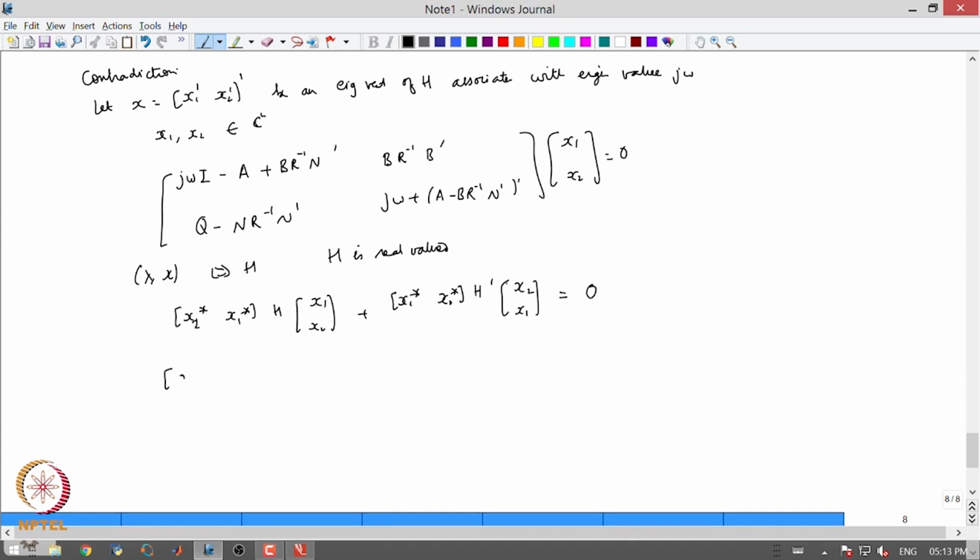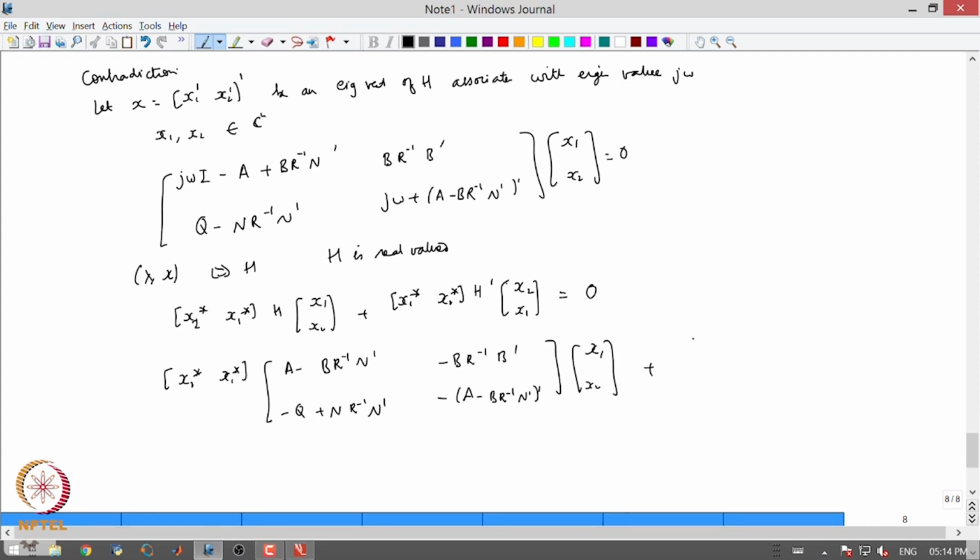I have [x2 star, x1 star] times [A minus B R inverse N prime, minus B R inverse B prime; minus Q plus N R inverse N prime, minus (A minus B R inverse N prime) prime] times [x1; x2], plus again [x1 star, x2 star] H transpose [x2; x1].